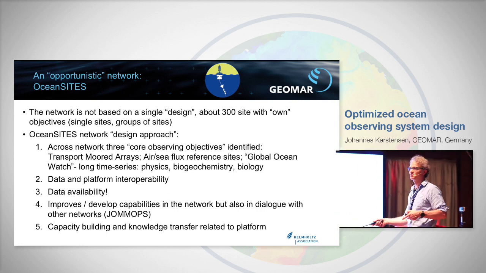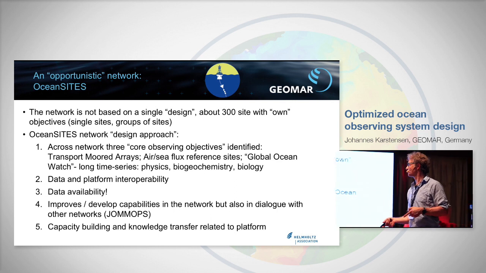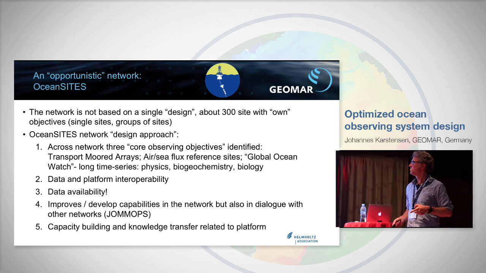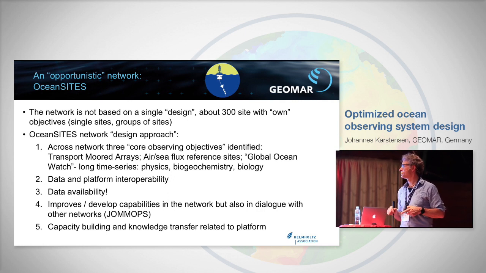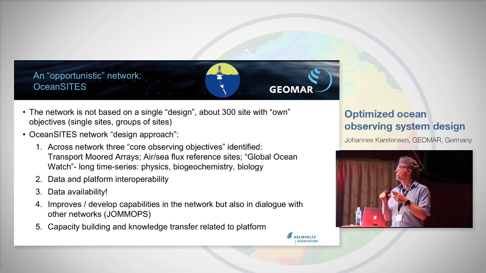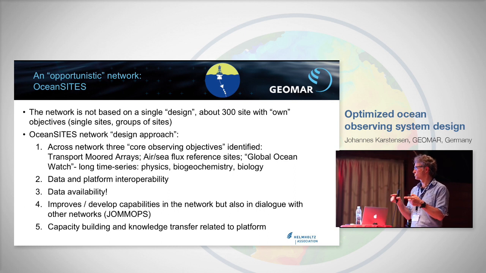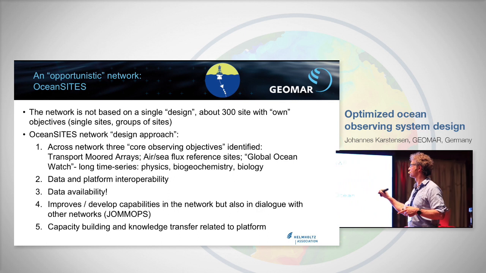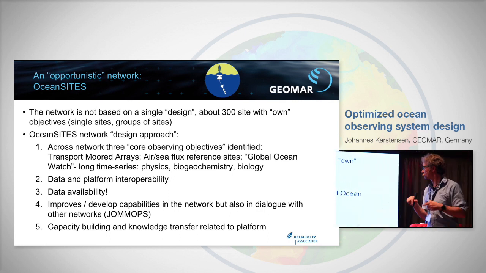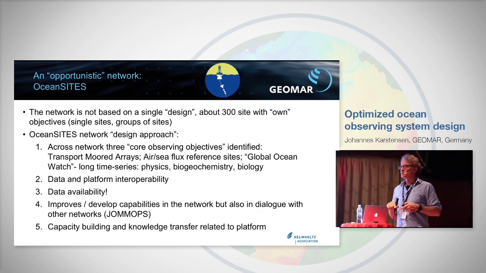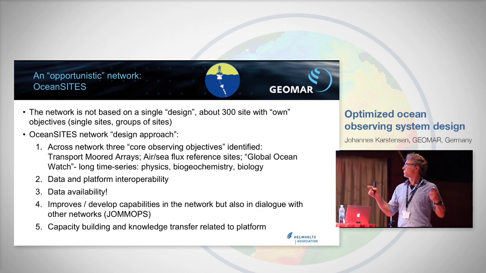That might be a good place to add a transport mooring array in order to monitor that outflow. There are air-sea flux reference sites, which are very complex sites with highly sophisticated surface meteorological sensors that measure different meteorological variables. And then there are long time series, Global Ocean Watch, which provide you with 10, 20, 30, 40 years of physical, biogeochemical, and biological data.